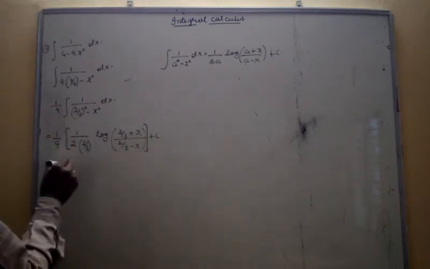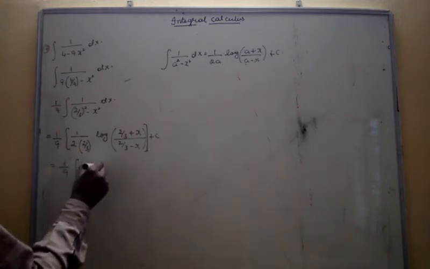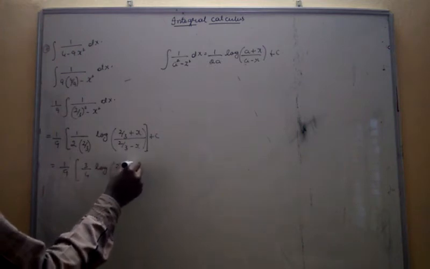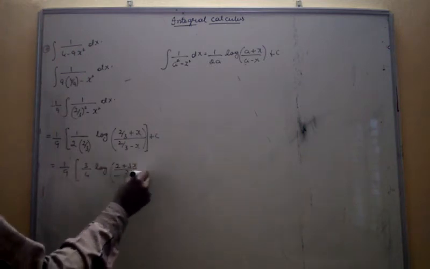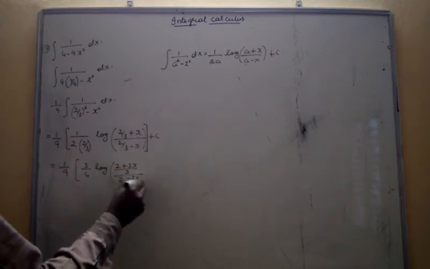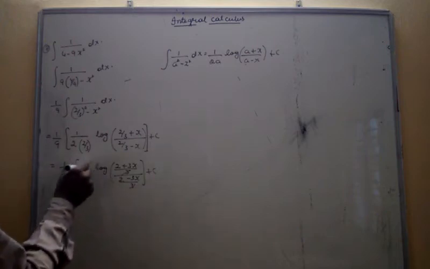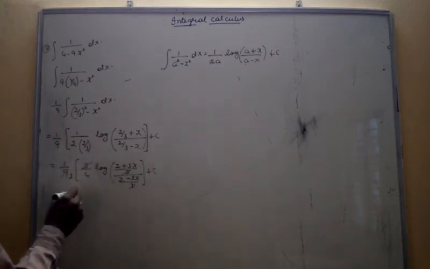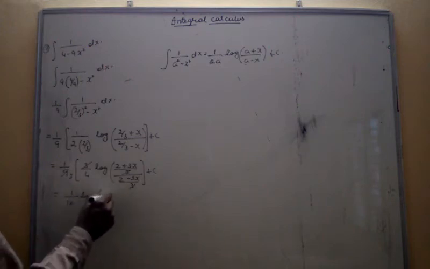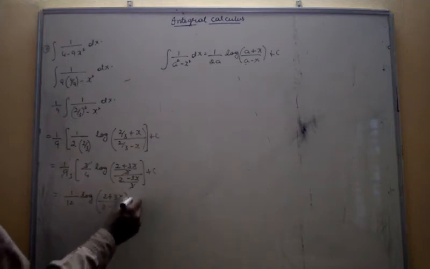Then 1 by 9, we can write it as 3 by 4 log of, taking LCM, 2 plus 3x by 3 over 2 minus 3x by 3 plus c. The 3s get cancelled. Then 1 by 12 log of 2 plus 3x by 2 minus 3x plus c.